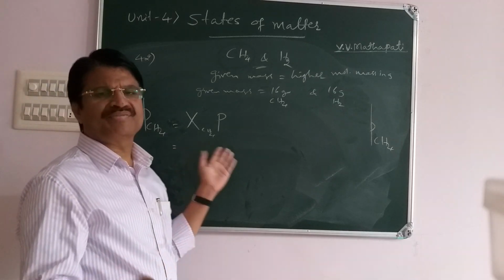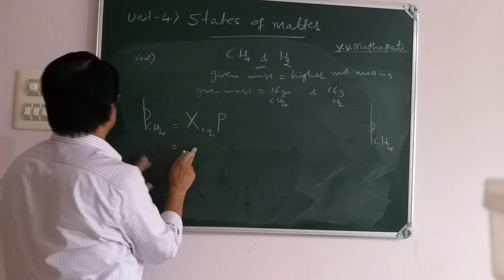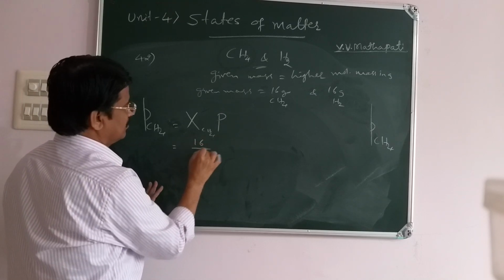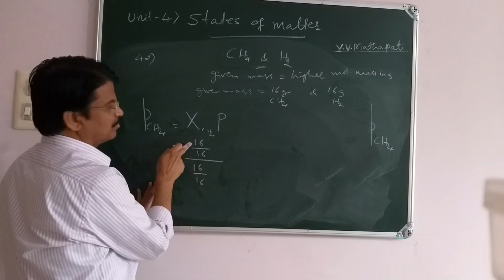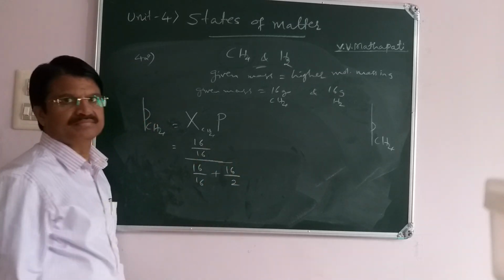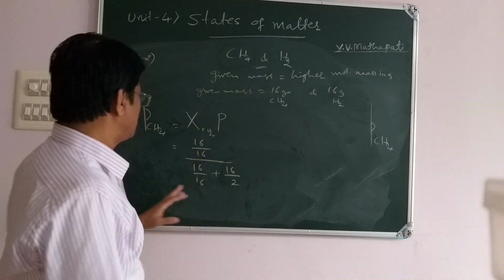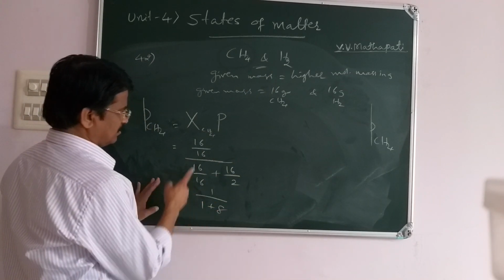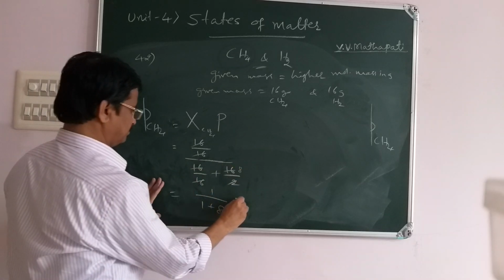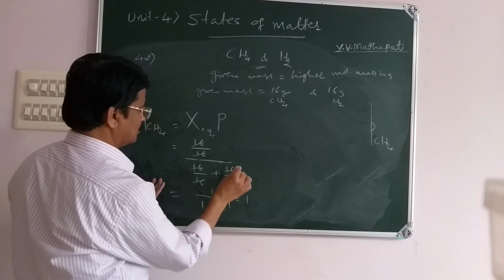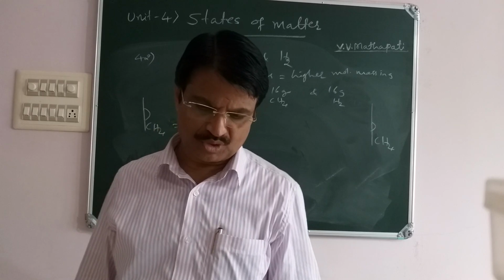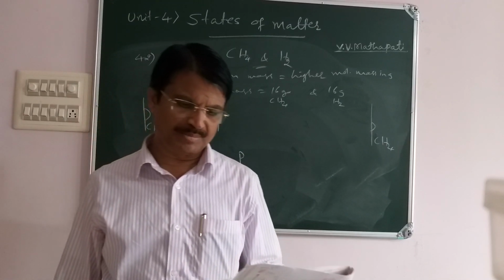Here, importantly, you have to calculate the mole fraction of methane: N1 by N1 plus N2, where N1 is methane, 16 by 16, and N2 is hydrogen, 16 by 2, because the given mass is taken as 16 and the molecular mass of hydrogen is 2. So 1 by 1 plus 8, 1 by 9, this is 1 by 9 P. In the options for question 42: 1 by 2, 8 by 9, 1 by 9, 8 by 9.